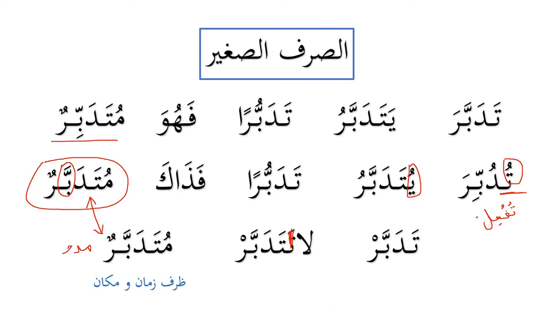So from number 4, and similarly now from number 5, the ismul maf'ul will do the job of dharf zaman or makan, which is different from the verbs that have 3 root letters. You know that in 3 root letters we have the pattern of maf'alun or maf'ilun, right? But here we don't have a new pattern. We will only take ismul maf'ul and we will use it as dharf zaman aw makan if needed.